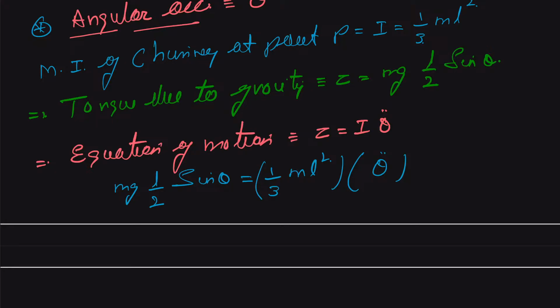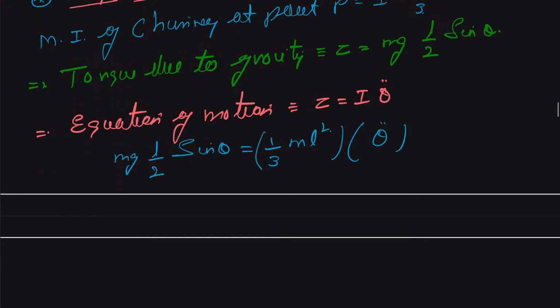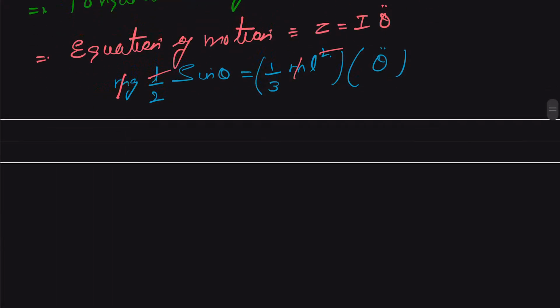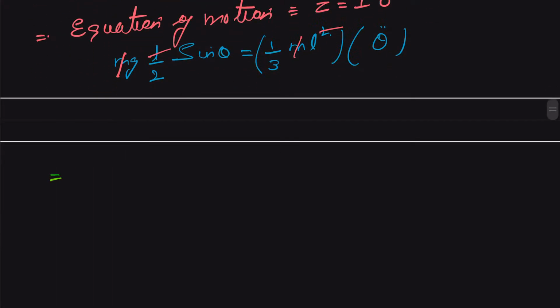And from here the mass cancels with mass, length goes by the square, therefore we get that the double derivative of theta will be equal to 3/2 g sine of theta. Okay. So we are going to use this particular relationship later on.